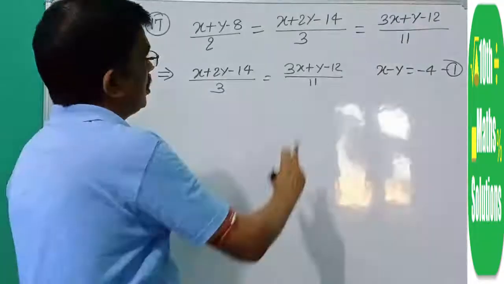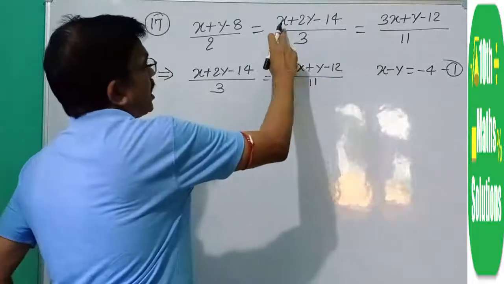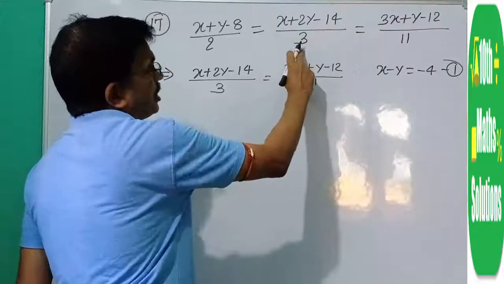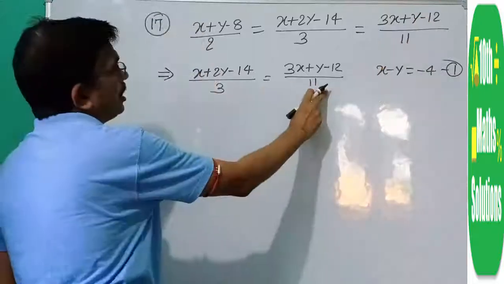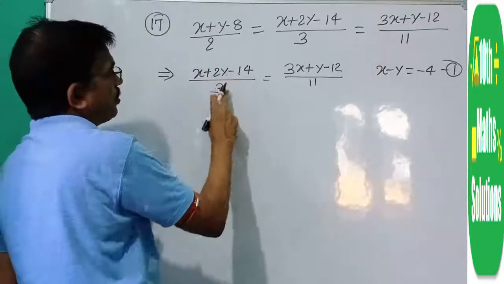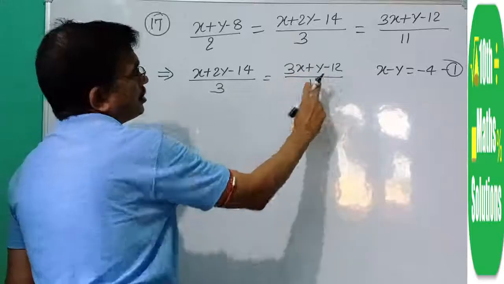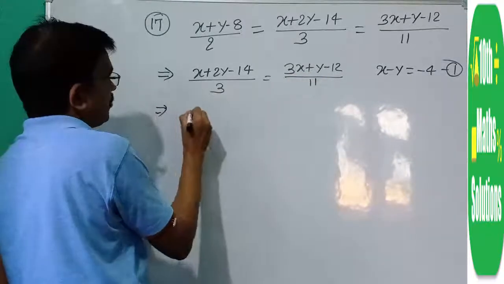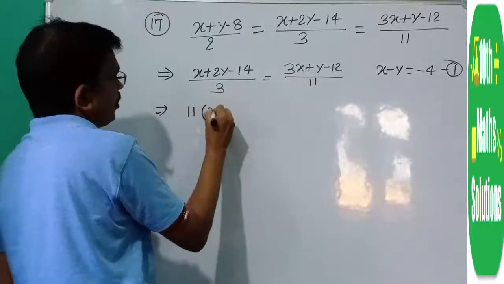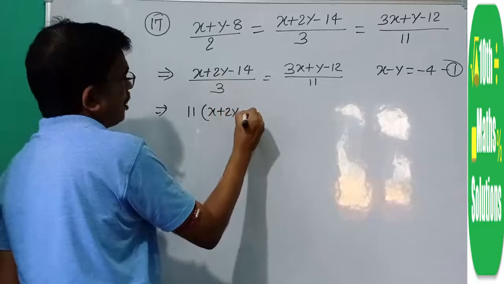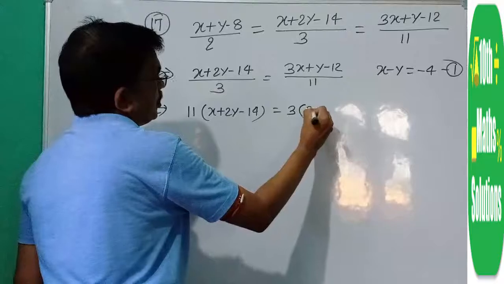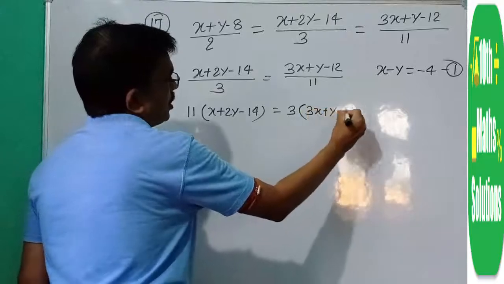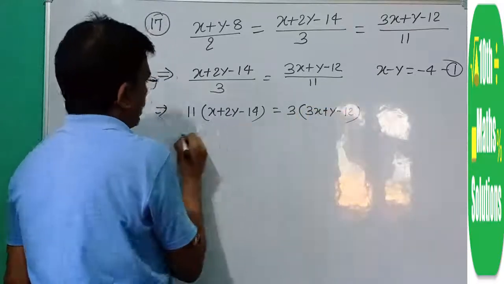Now you solve these two terms: x plus 2y minus 14 by 3 and 3x plus y minus 12 by 11. By cross multiplication, you can write 11 into x plus 2y minus 14 and 3 into 3x plus y minus 12. What do you get here?